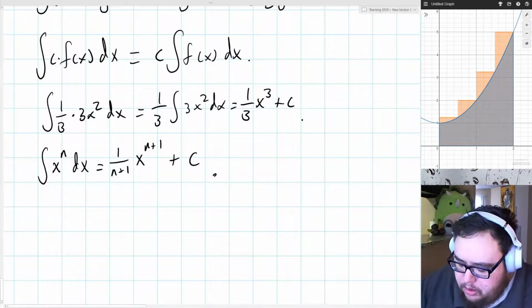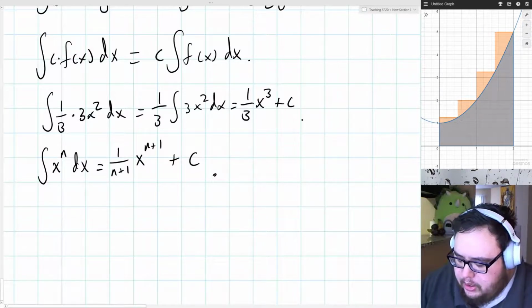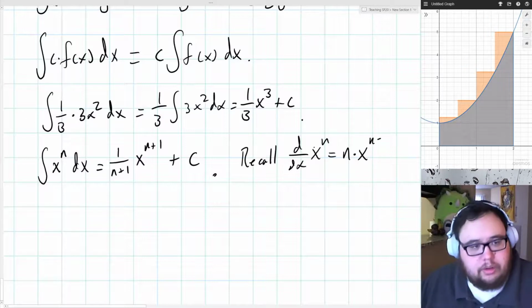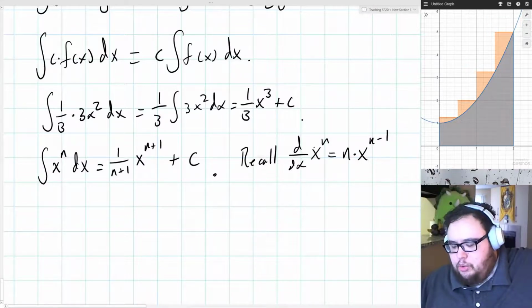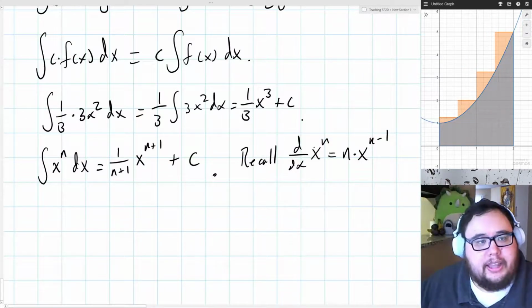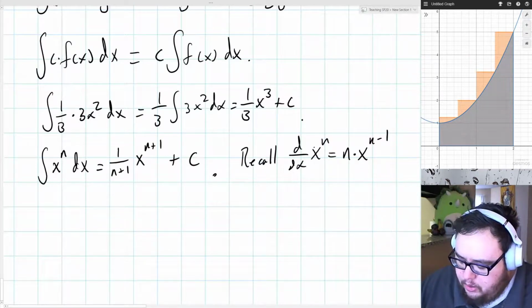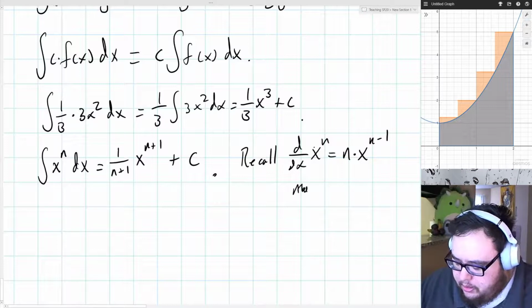So remember that the derivative of x to the n was n times x to the n minus 1, right? So what you did is you multiplied by the old power and then dropped the power by 1. Okay, so multiply, then decrease.